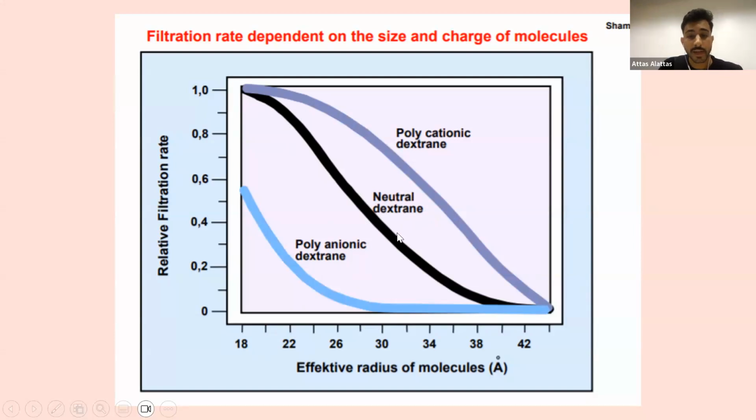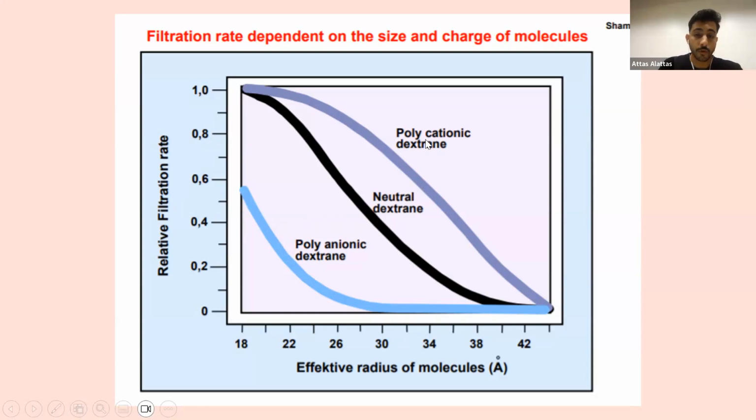Okay. Now compare that to a positively charged molecule. This is polycationic, meaning positively charged. For the same radius, let's take 30 for example, a neutral substance would have a filtration rate of 0.4. However, a positively charged molecule has a filtration rate of 0.8.